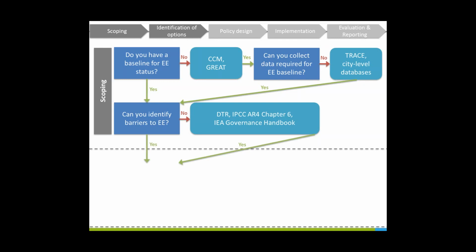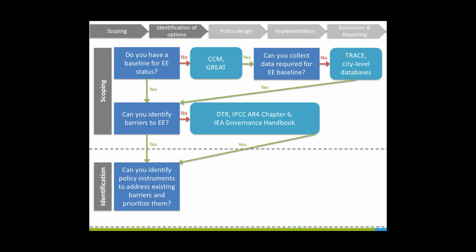After this is done, we consider that the scoping stage is finalized, and we can move to the next stage, which is identification of potential policy options which can be considered for policy development.